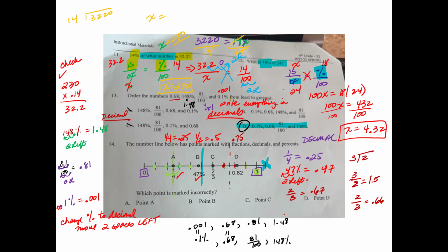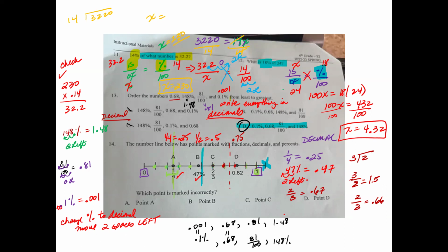I don't know. It looks like it's a little bit too close to 0.5. Do you see that? Although I think they all kind of look somewhat similar though. 2 over 3, that's 0.6.